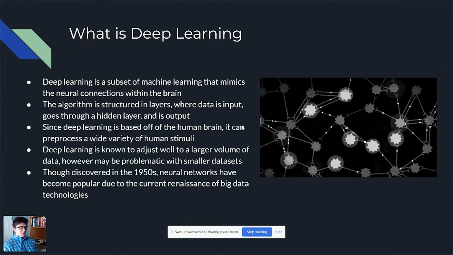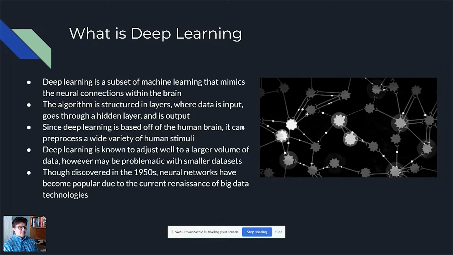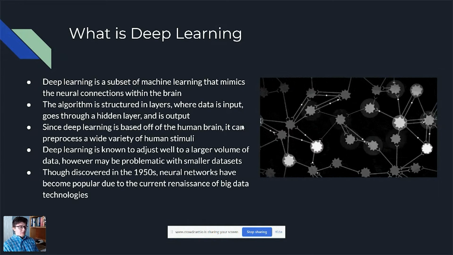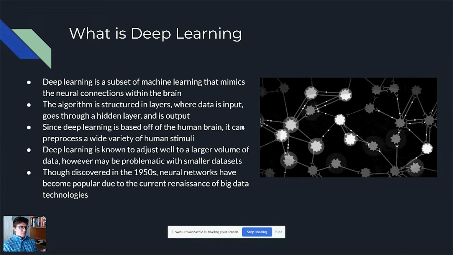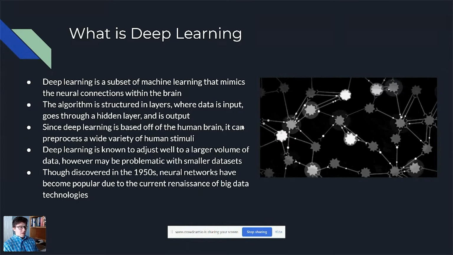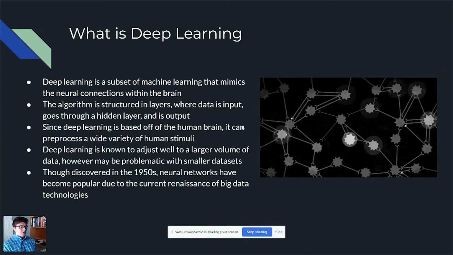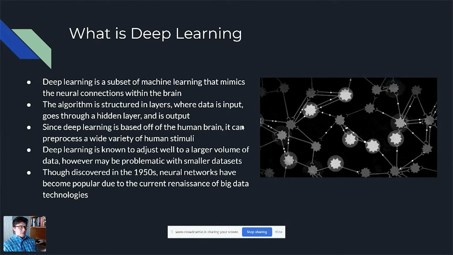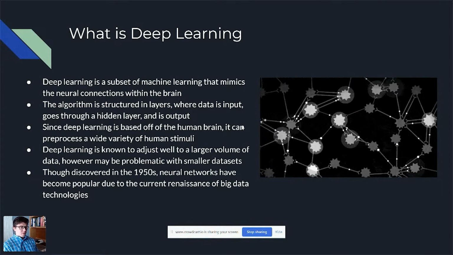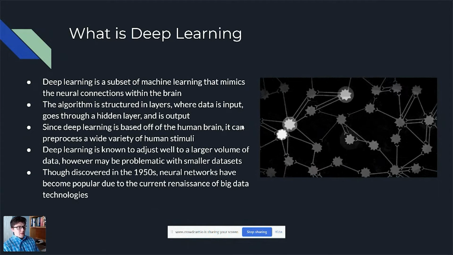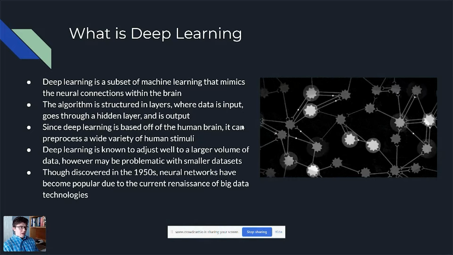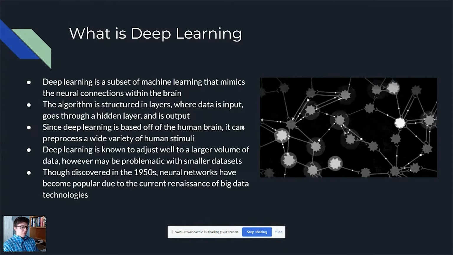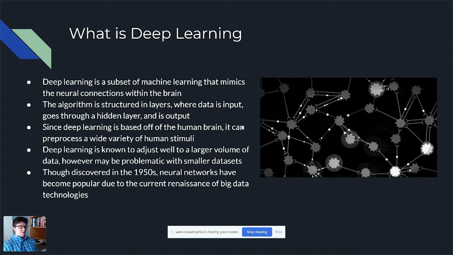So I guess we should establish what deep learning is in the first place. Deep learning is a set of machine learning algorithms that are modeled after the human brain. If you don't know how a neuron works, they take in inputs from other neurons, process them, and then bring those inputs down through their axon and deliver an output to another neuron.